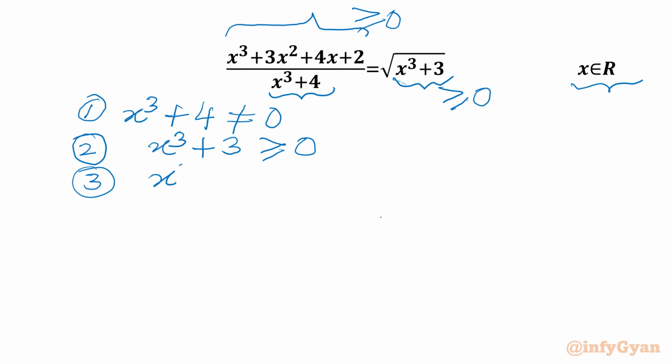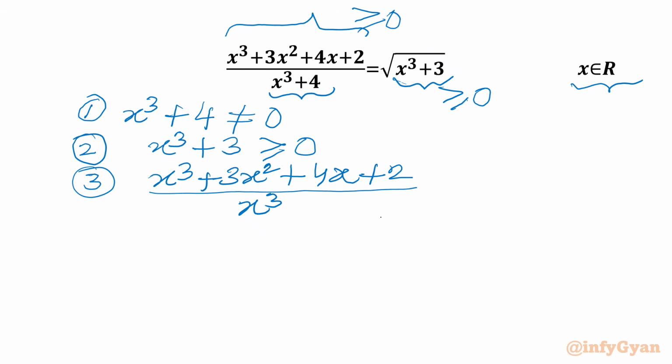So we'll write x cube plus 3x square plus 4x plus 2 over x cube plus 4. This should be greater than or equal to 0.